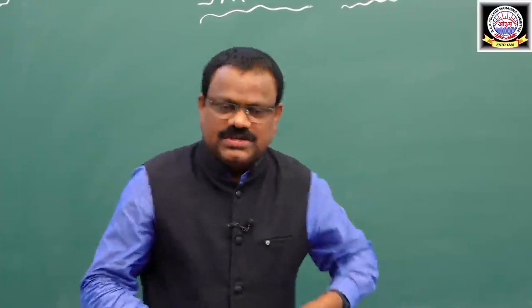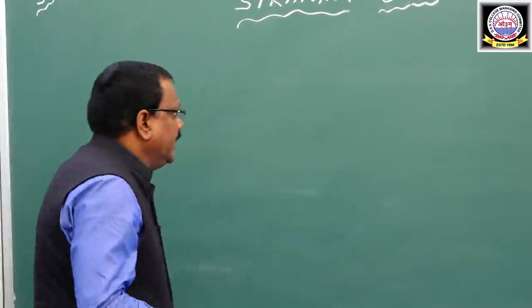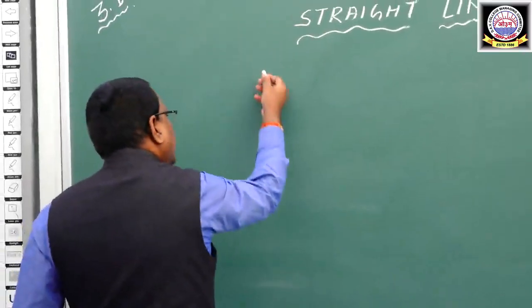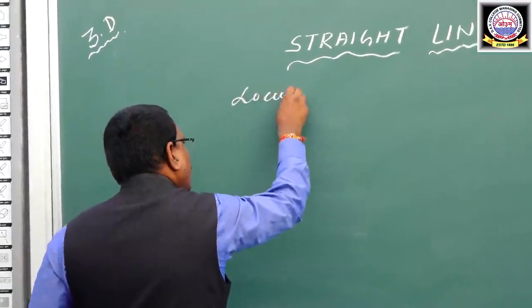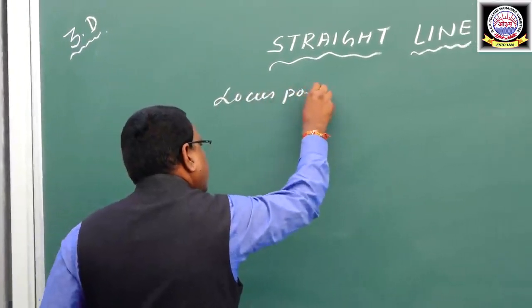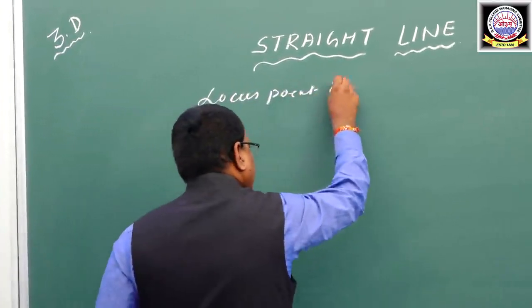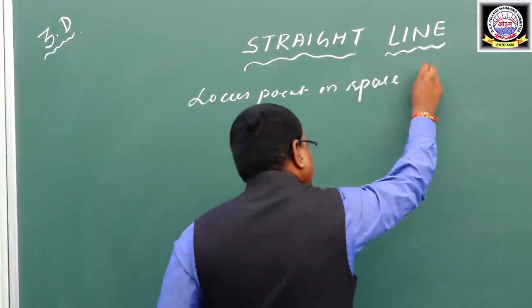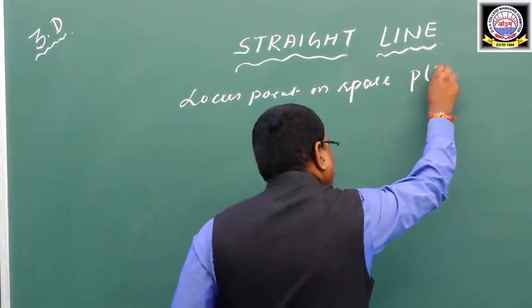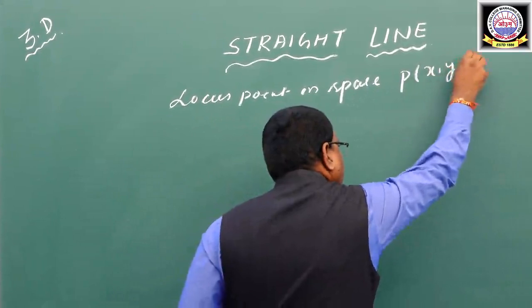So before coming to the straight line, let us write the locus point in space. Locus point in space will take P with the coordinates x comma y comma z.